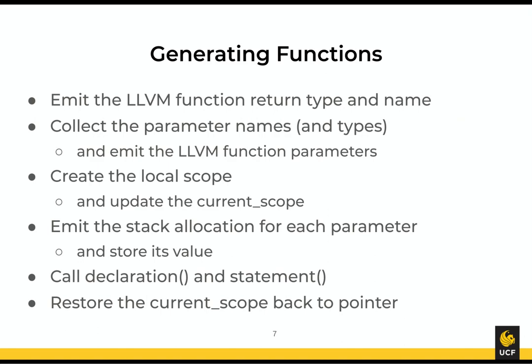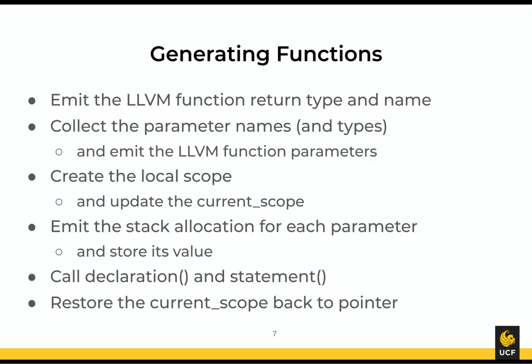As we're parsing, we collect all the parameters and their types and emit the parameters for the LLVM function. So it's really a straightforward source-to-source transformation, where you read in a simple C function and generate the equivalent LLVM function syntax.